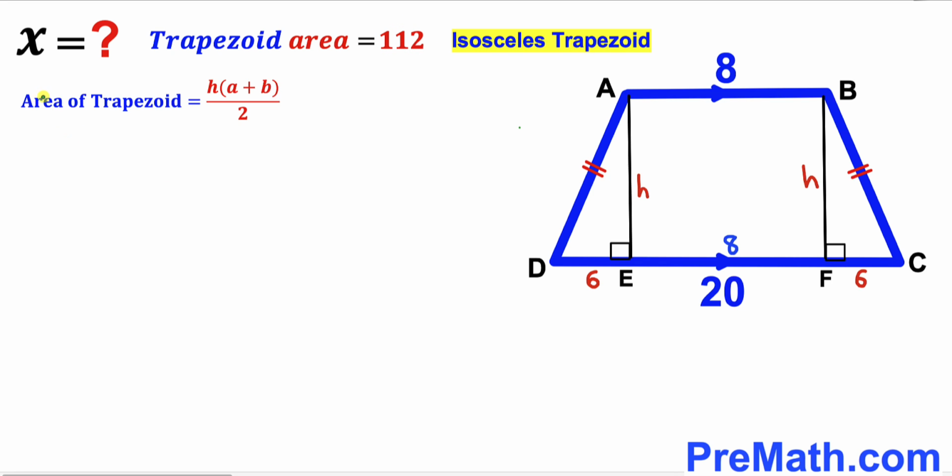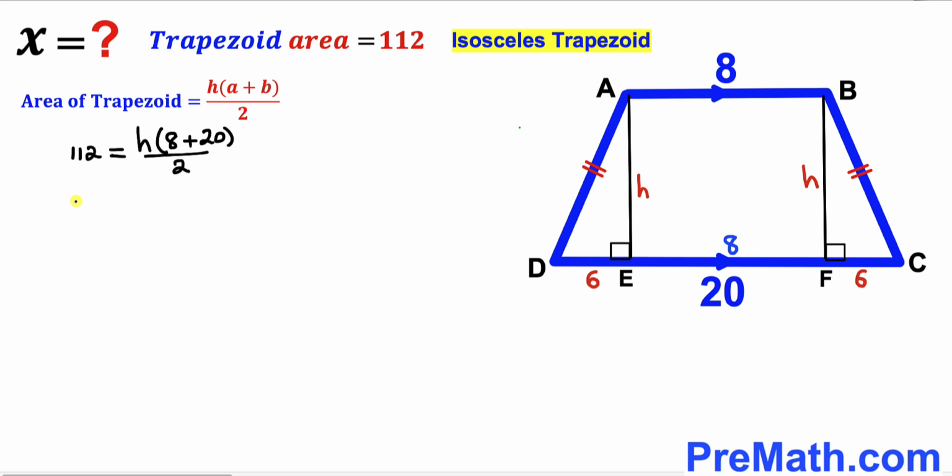So I'm going to substitute 112 over here. I can write 112 equals our height h times 8 plus 20 all over 2.